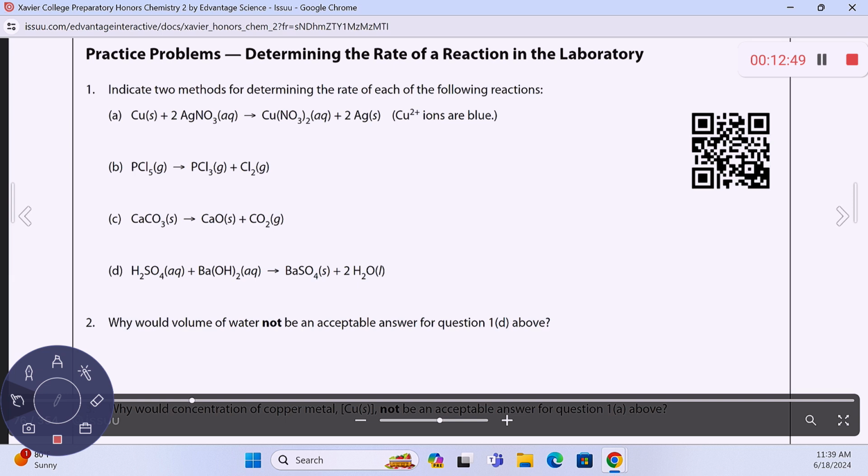Okay, let's take a look at some of these where we're indicating two methods for measuring the rate of the following reactions. Okay, in A, they mentioned that we have copper 2 ions. Those are transition metal ions. They're blue. So what could I do here? I could measure what? Yep, you could measure the color change.